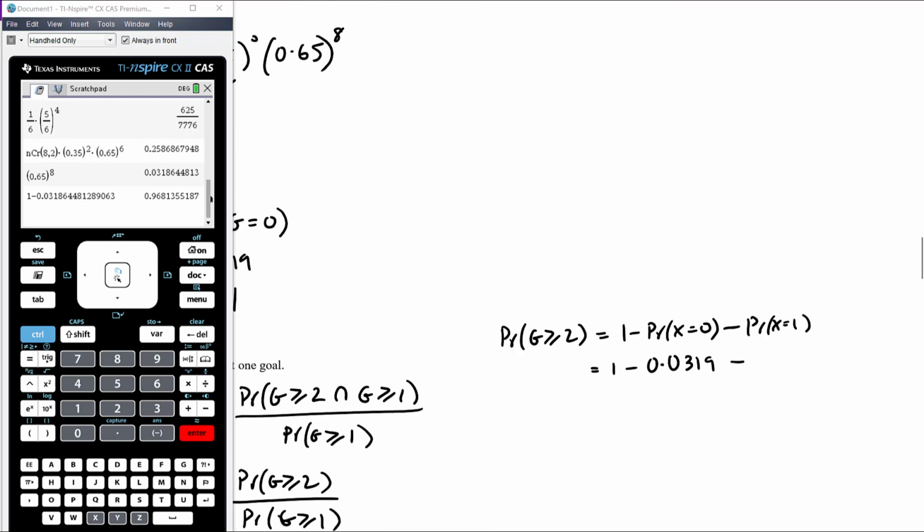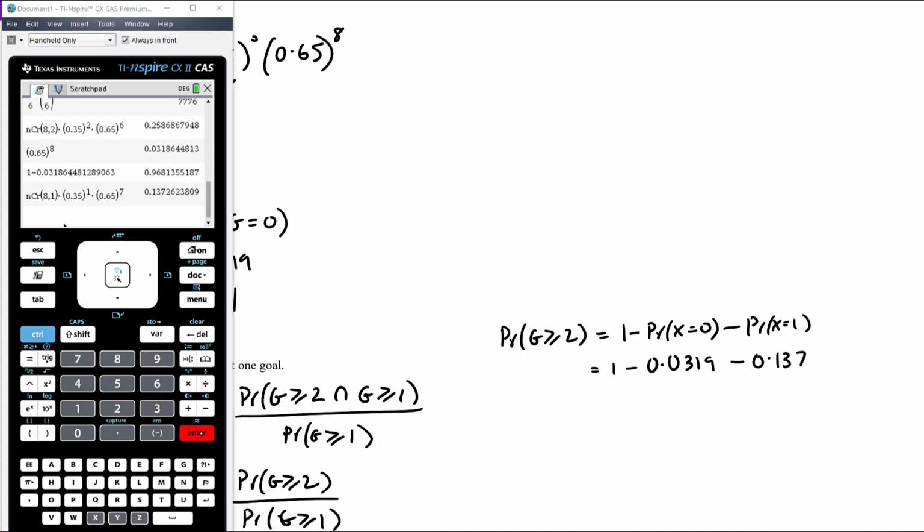So the probability of 1 goal, I can work that out, menu 5.3. It's going to be 8 choose 1 times 0.35 to the power of 1 times 0.65 to the power of 7. So 1 success, 7 failures, in 8 choose 1 different ways of doing that.